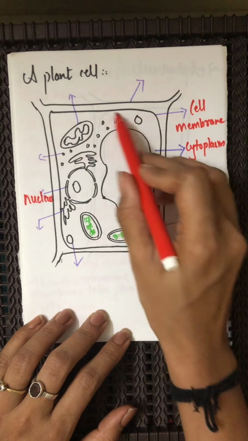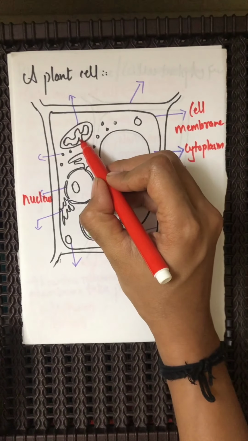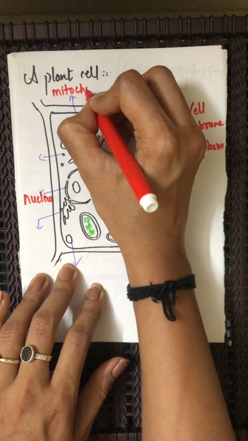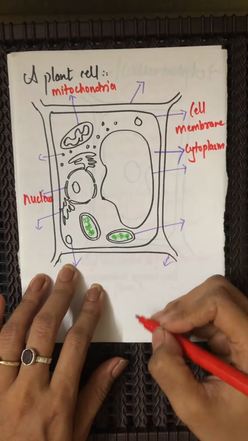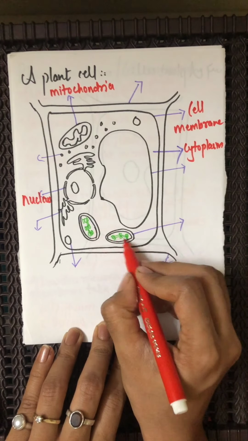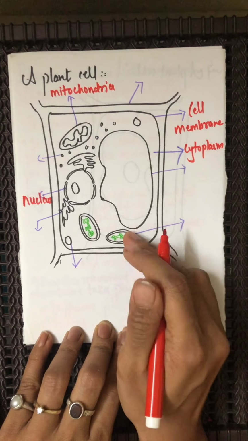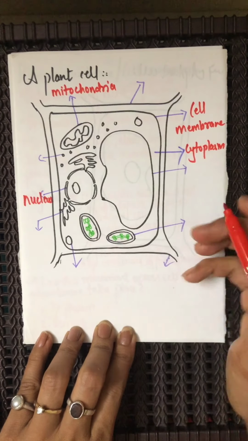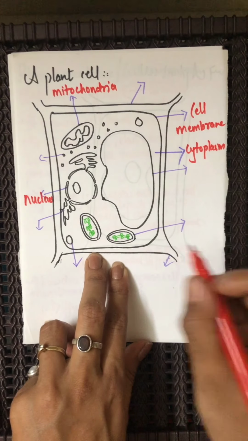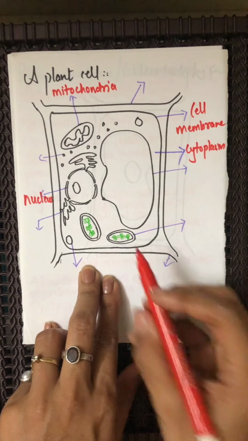Now inside the cytoplasm you find various organelles such as over here, which one is this? Yes, mitochondria. Then we have the next one, a very important one, which is only found in the plant cell and in some microbes, that is some bacteria, blue-green algae and so on.